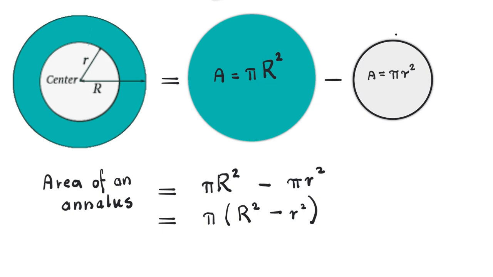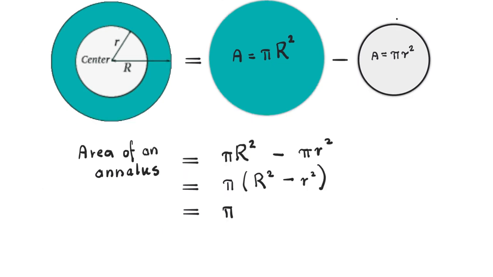So we can further change it to pi, but this time it'll be R plus little r, a product of R take away little r. The last formula has the advantage that you can actually calculate that annular area very quickly.